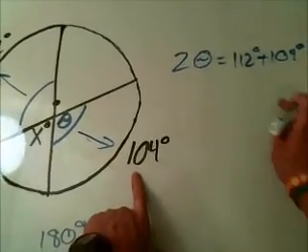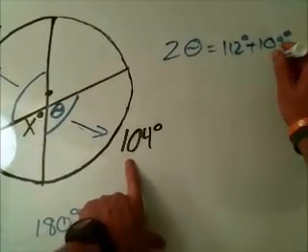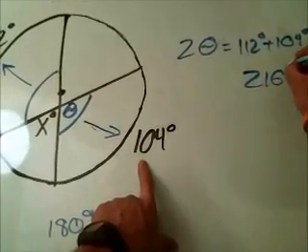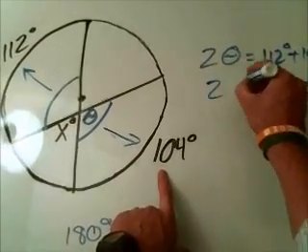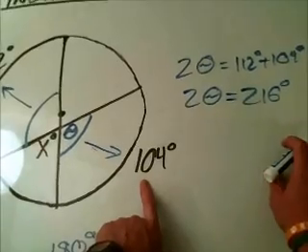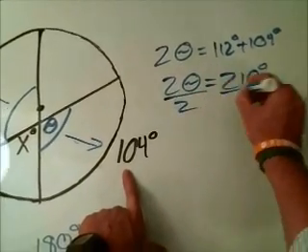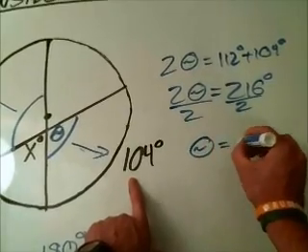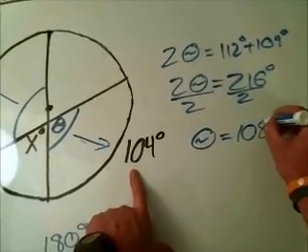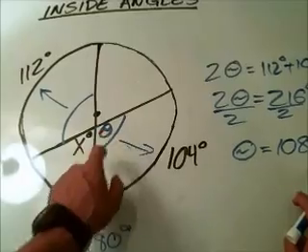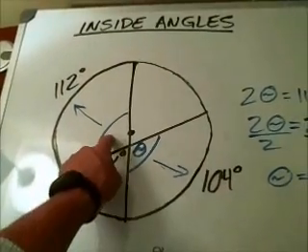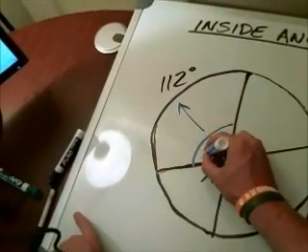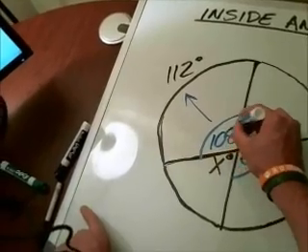If I add these two things together, I'm going to end up with 216. But that's two of my inside angles. Now, if I divide both sides by 2, what I end up with is that one of those angles is equal to 108 degrees.